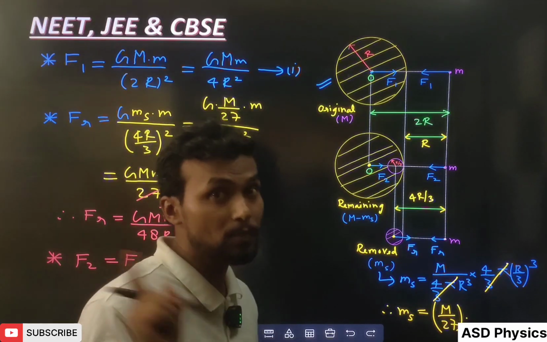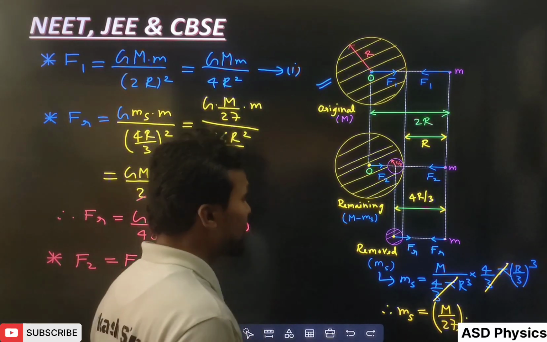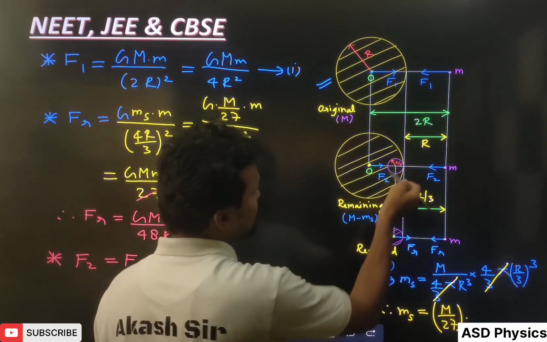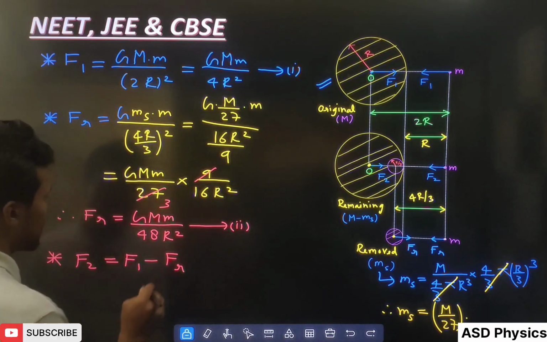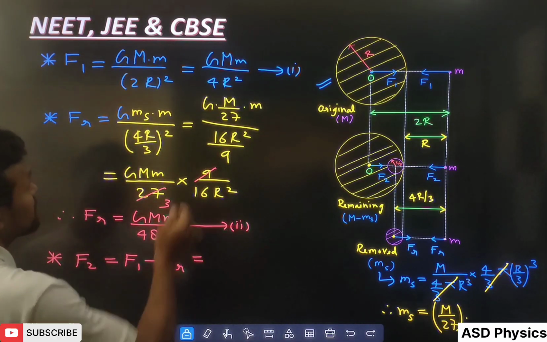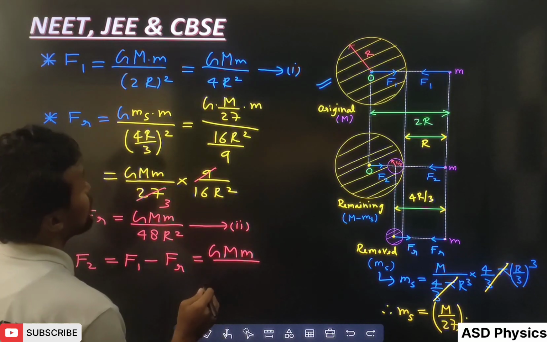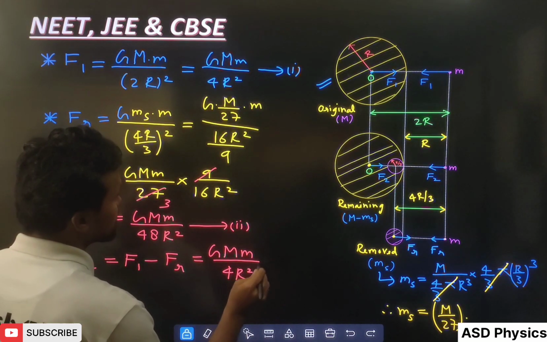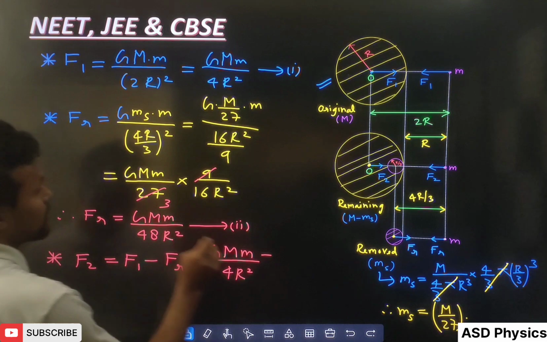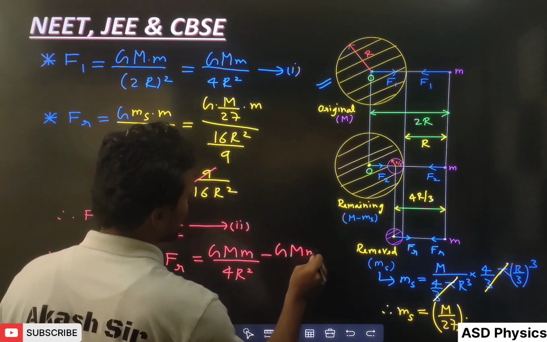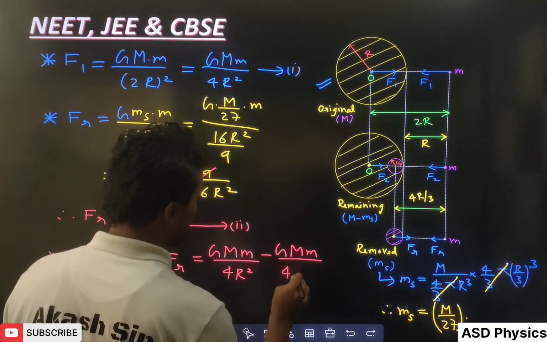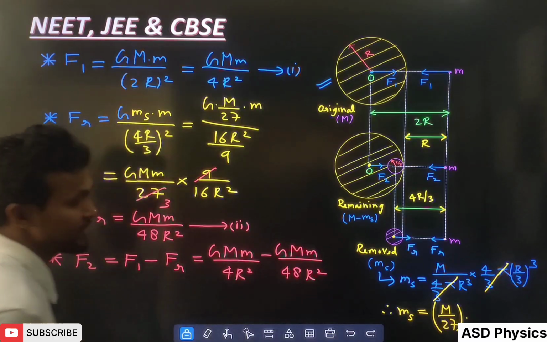If mass is added, plus, but mass is removed, so minus. So F1 minus Fr will give us F2. What is the value of F1? You can see from equation 1, G capital M small m by 4r square, minus Fr, which is G capital M small m by 48r square.